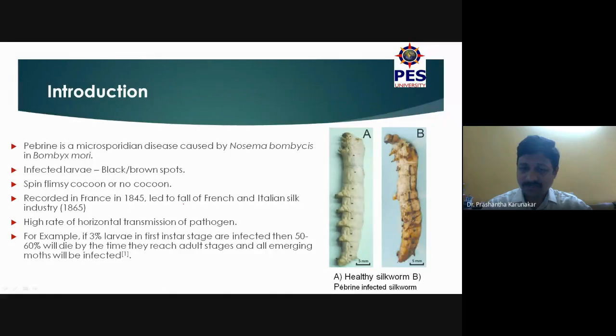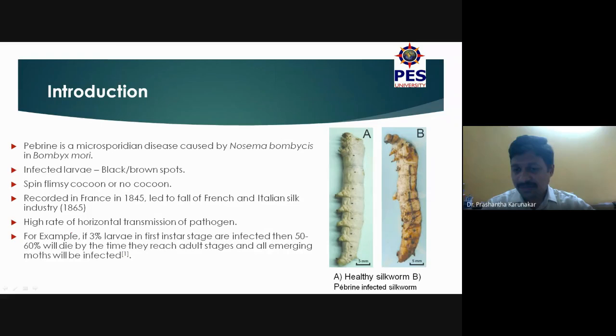It led to the fall of the French and Italian silk industry. Even in the present situation, this has a serious side effect in the silk industry. If any one or two silkworms are infected, it is going to affect the whole batch. In other words, we need to discard the entire batch just because a few infected silkworms are there.